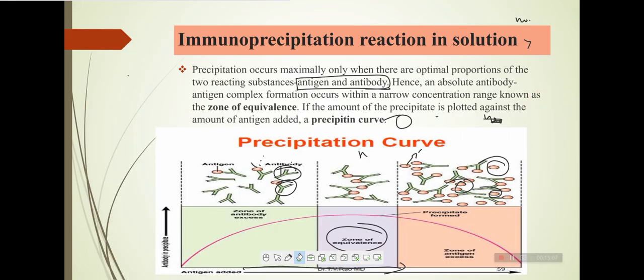Don't get confused that the zone of equivalence is where the number of antigen is equal to antibody. No, we can't say that.